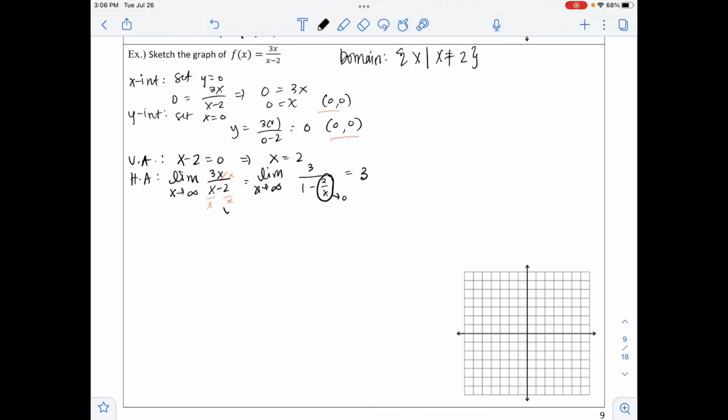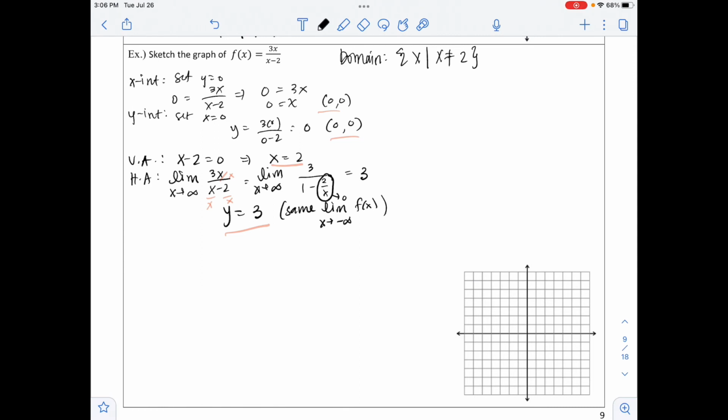And so our function is going to be y equals 3. It's going to be that line, horizontal asymptote, y equals 3. Also note it's the same for the limit as x approaches negative infinity of our function. So we have a horizontal asymptote and a vertical asymptote. Again, I'm going to underline both of those so I don't forget.